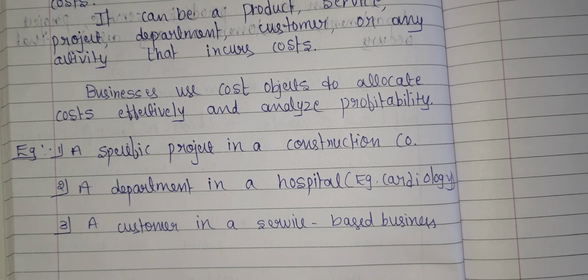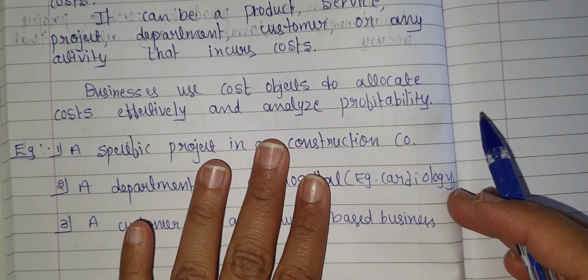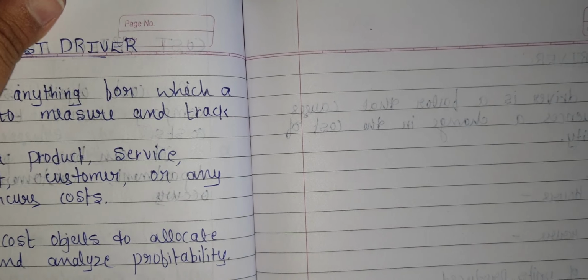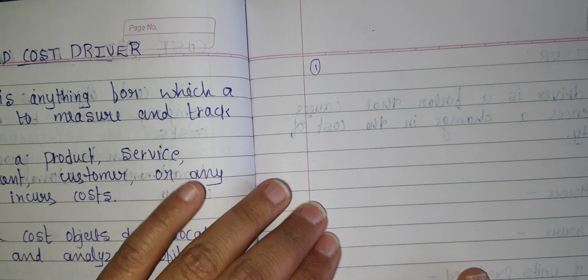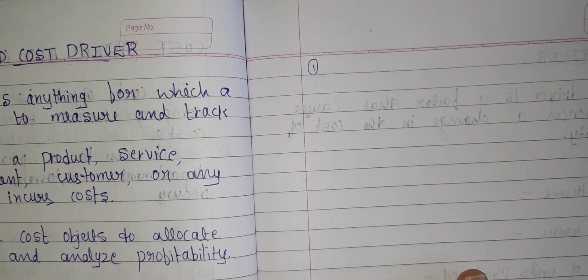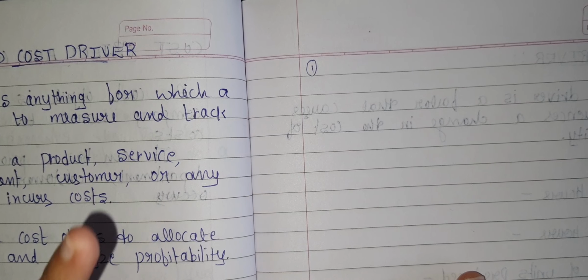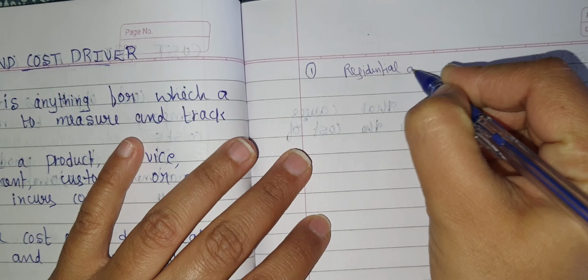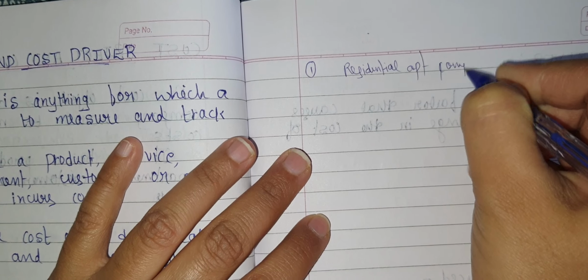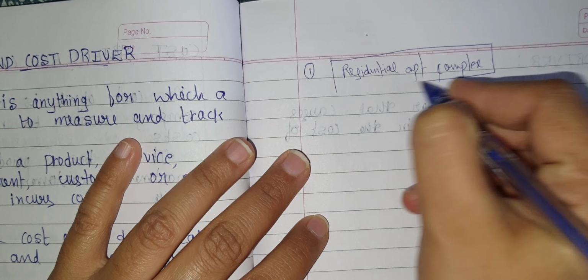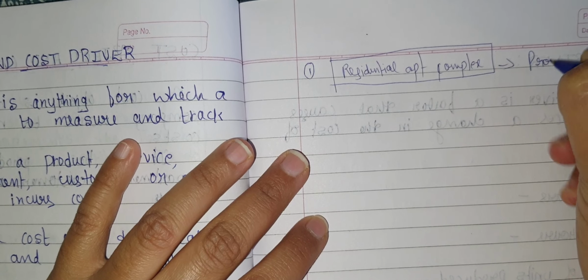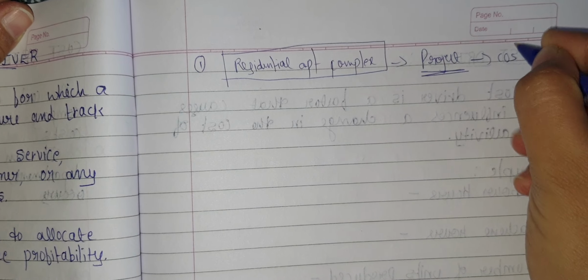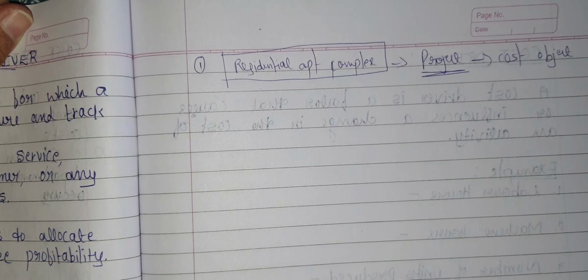Suppose a construction company is building a residential apartment complex. This residential complex is a project for the construction company, so this project is known as a cost object.